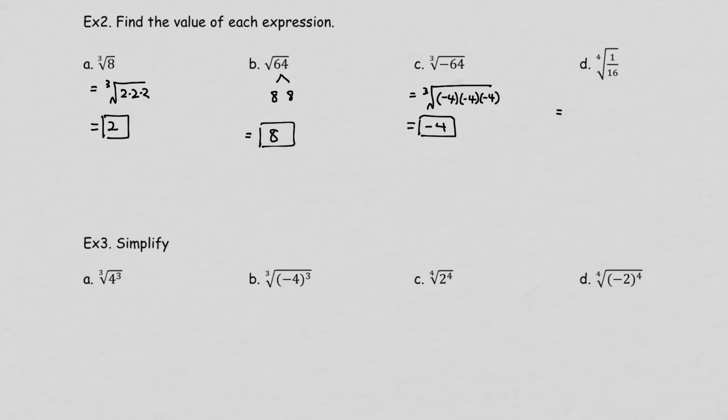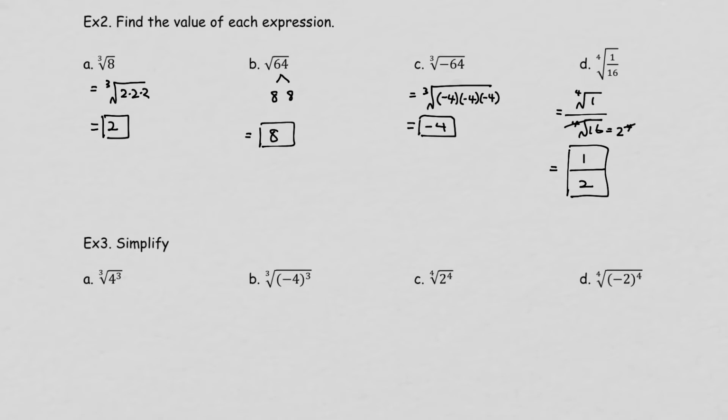This one is the same as having the fourth root of 1 over the fourth root of 16. And the fourth root of 1 is just 1. The fourth root of 16, we know this is equal to 2 to the fourth exponent. So the fourth root and fourth power cancel out each other, and it will be 2, right?